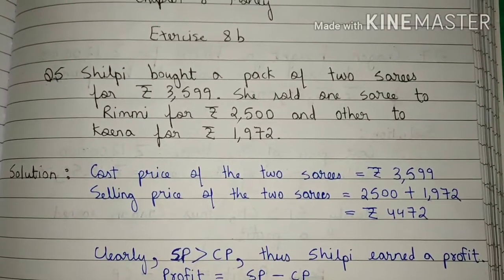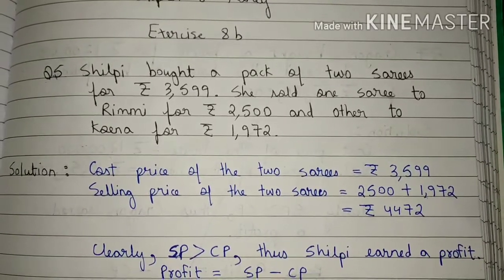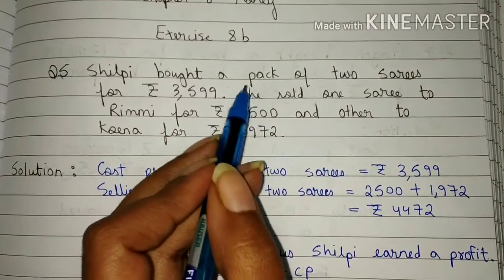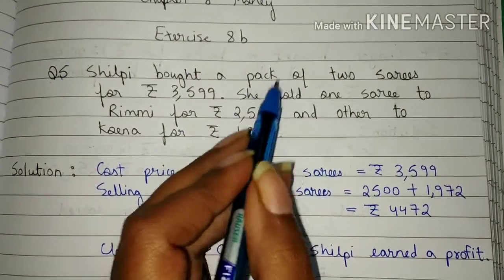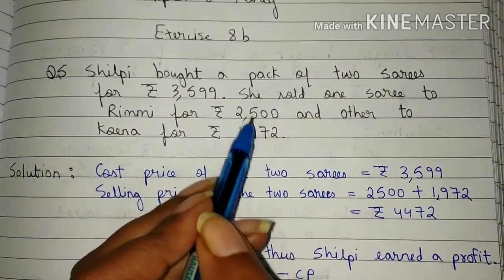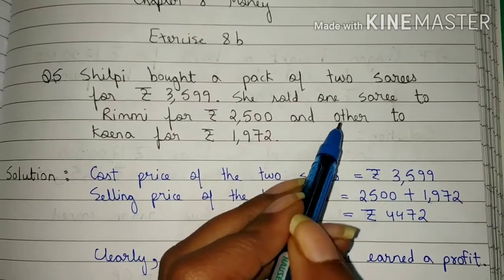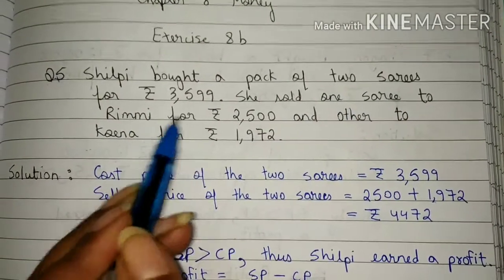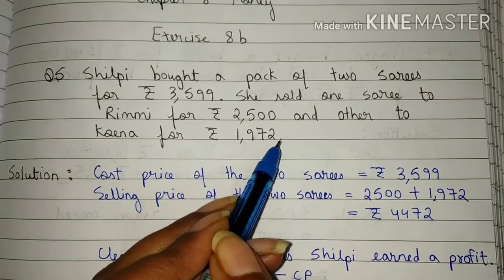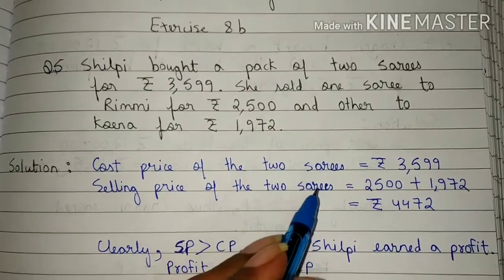And we know that selling price is the price at which a person sells something. In this statement, Shilpi firstly sold one saree to Rimi for rupees 2500 and again she sold the other saree to Koina for rupees 1972.